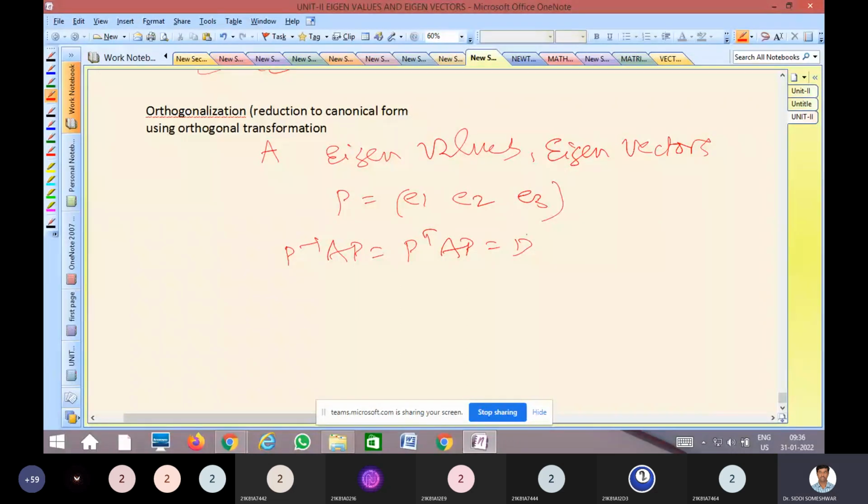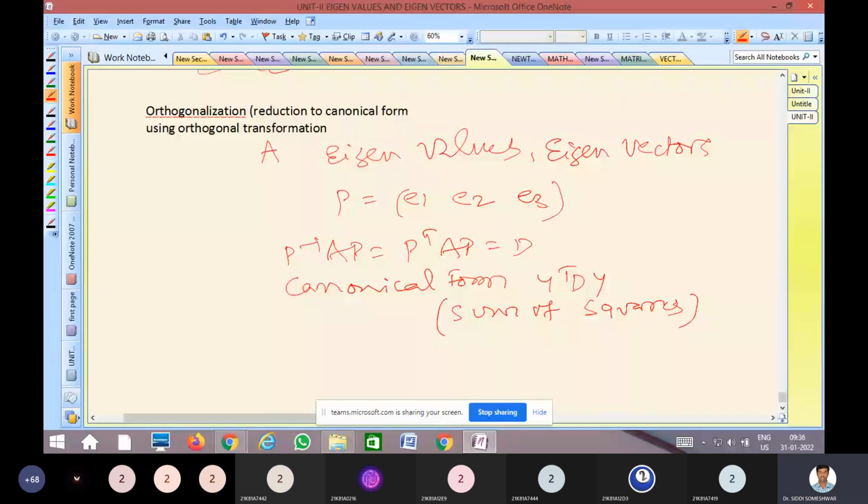The required canonical form is Y transpose DY, which is in the form of a sum of squares only. After that you can find the index, rank, and signature. I hope this method is clear for all of you.